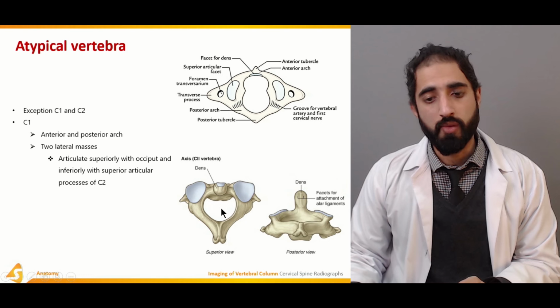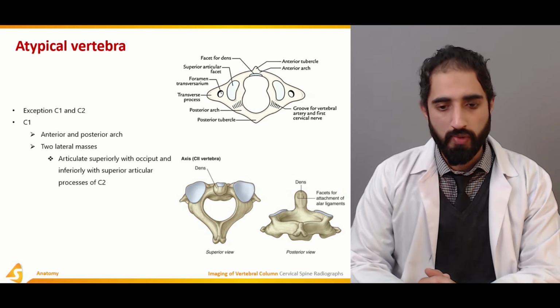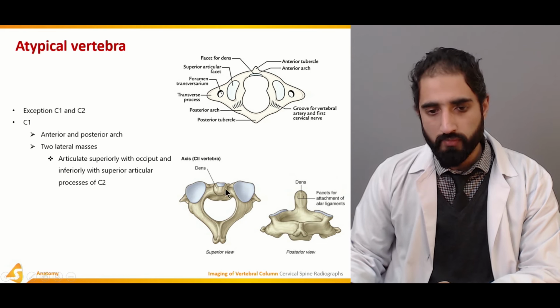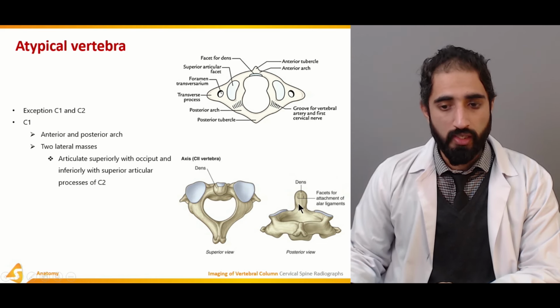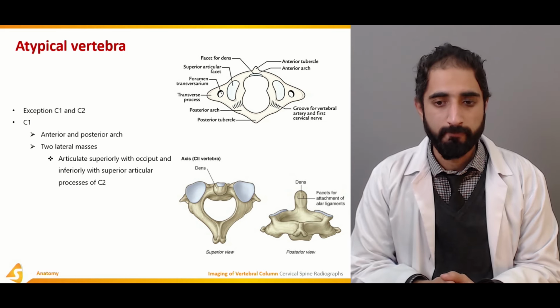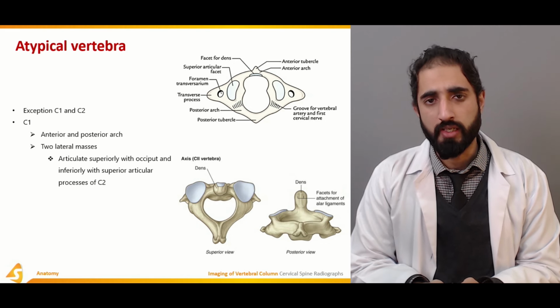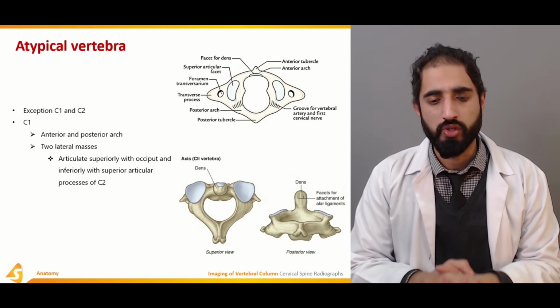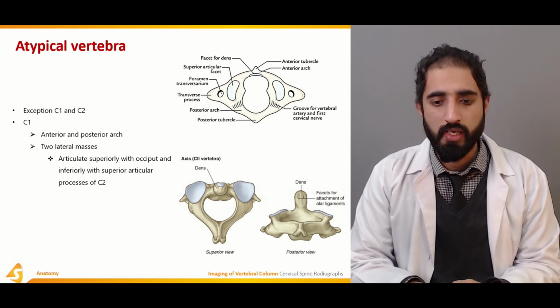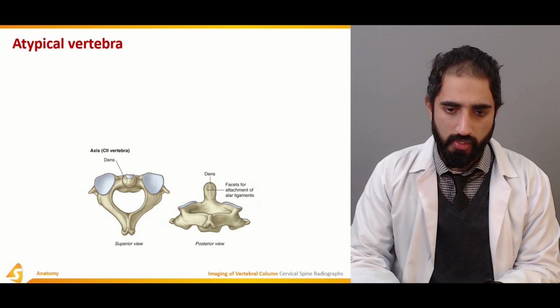But talking about C2, it also has a feature which makes it different. It has a dens, which is a longitudinal elongated structure that articulates with the anterior arch of C1, making the atlanto-axial joint in combination with the two facet joints. However, it does have a bifid spinous process.